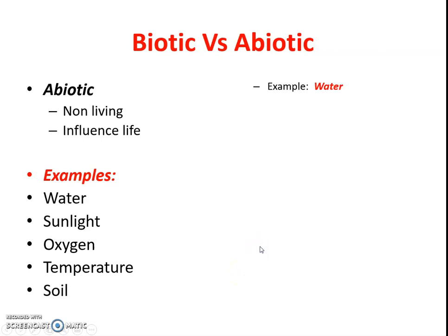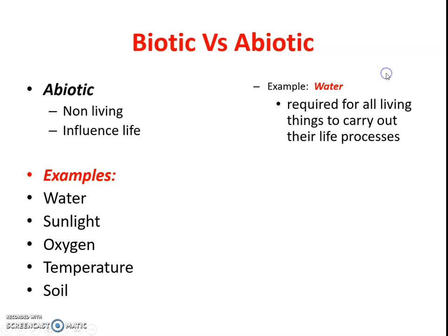I'm going to use water as an example here to illustrate how it can determine what living organisms are present, or if we even have living organisms. Water is necessary for all life to exist. All life processes are carried out in a water type environment. It's our major solvent in chemistry for living organisms, and without water, of course, you wouldn't have life.